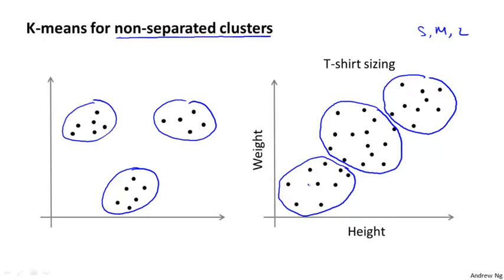And what you can do is then look at this first population of people, look at their height and weight, and try to design a small t-shirt that fits this first population well, and then design a medium t-shirt and a large t-shirt. This is in fact an example of market segmentation, where you're using k-means to separate your market into three different segments, so you can design a product separately, that is the small, medium, and large t-shirts, that tries to suit the needs of each of your three separate subpopulations well.